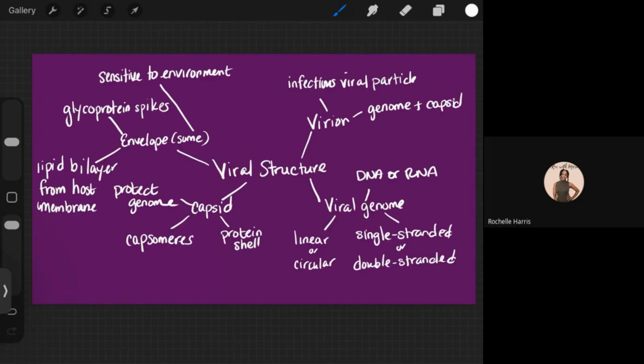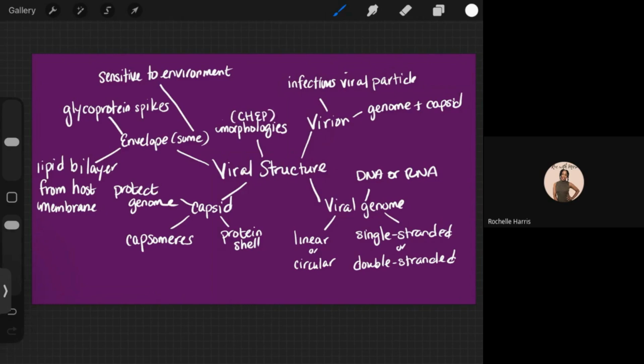Okay, our last one, stemming from our viral structure core, is morphologies. Remember CHEP.